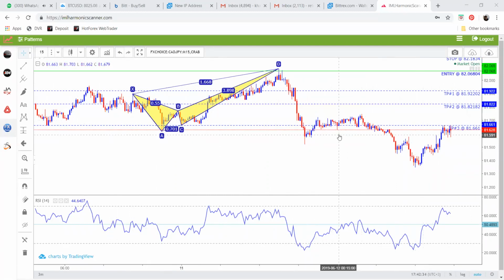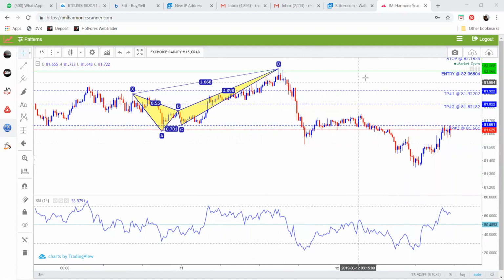Now, what we want to do is put some things in place so that we confirm our entries into the market. First and foremost, when we look at the harmonic scanner, is it telling us to buy or sell? Once we've got the entry above our take profit, then we know we're looking for sells, for the market to come down.